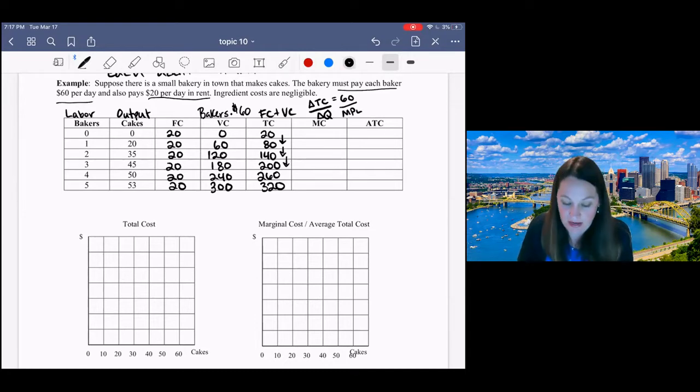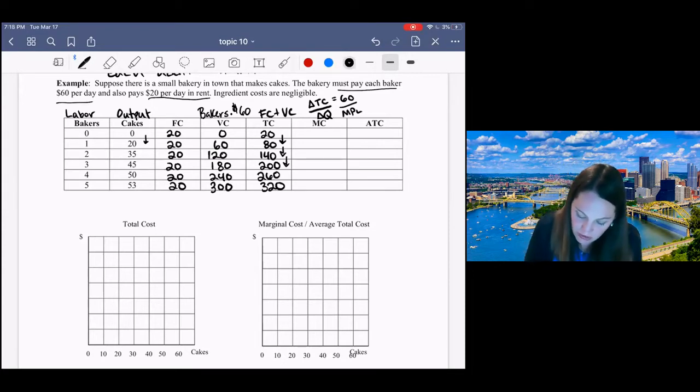The denominator of this fraction is the change in quantity. So now we're wondering, as I hire each additional baker, how much more output does that produce? And that is marginal product, if you remember back to the last video. So here what we're going to do is say, all right, as I hire the first baker, that baker costs me $60, but can produce 20 cakes.